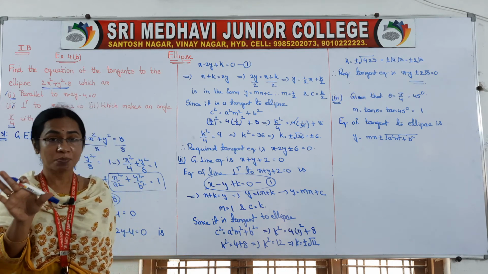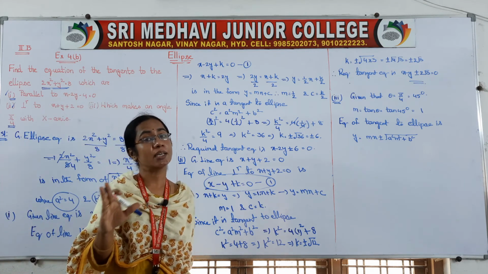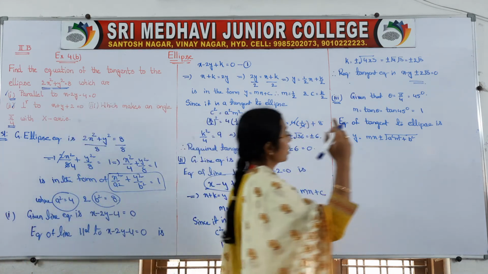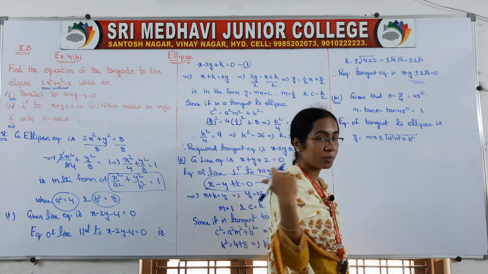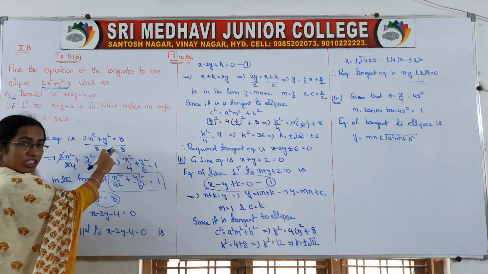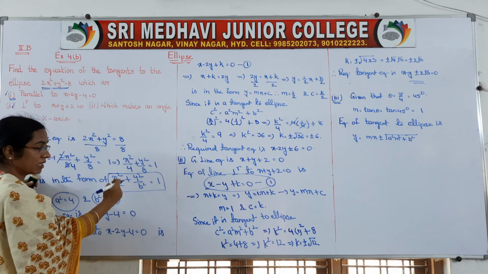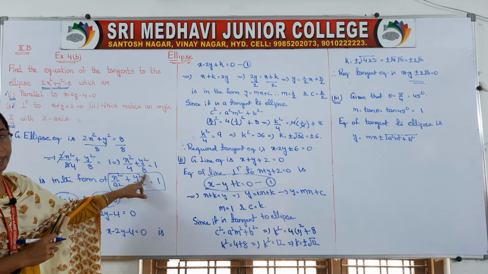But the ellipse is the same, only the conditions are different. We know a square is 4 and b square is 8, because we reduced the ellipse equation into standard form and compared.